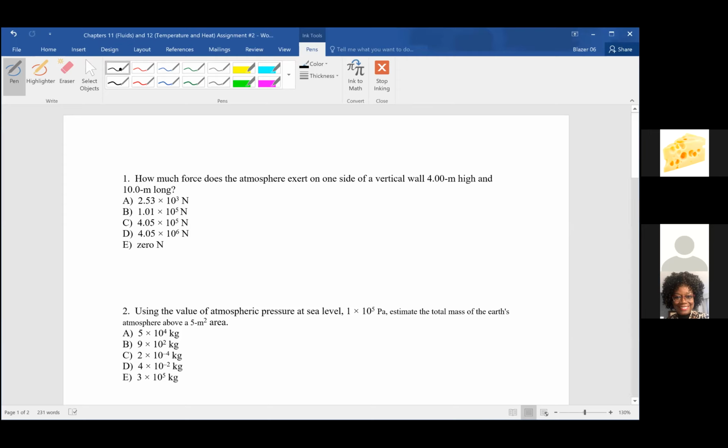All right. So when you hear the word atmosphere, one atmosphere, you will see that written as 1 ATM. That stands for atmosphere. And 1 atmosphere is 14.7 pounds per inch square.